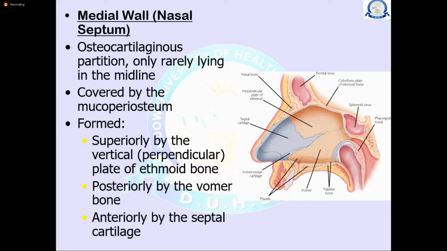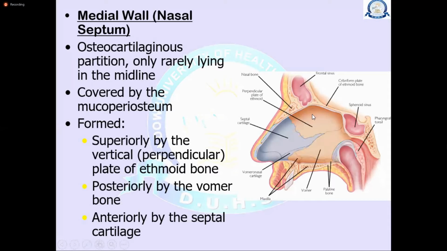The medial wall, which is also known as the nasal septum, is osteocartilaginous. That is, the superior part has bony contributions, whereas inferiorly you have cartilage.